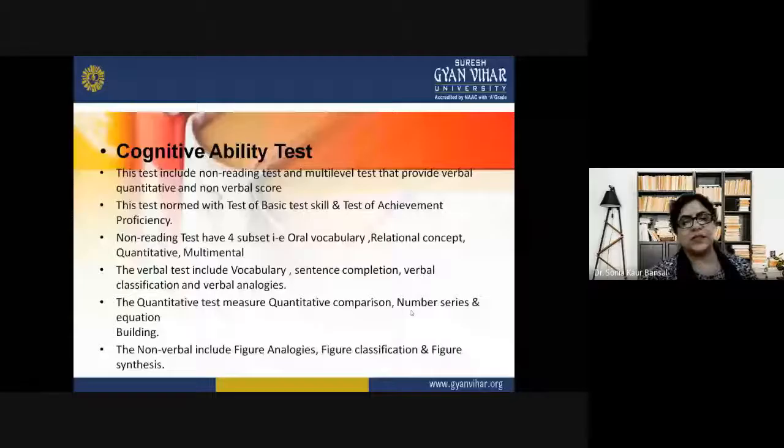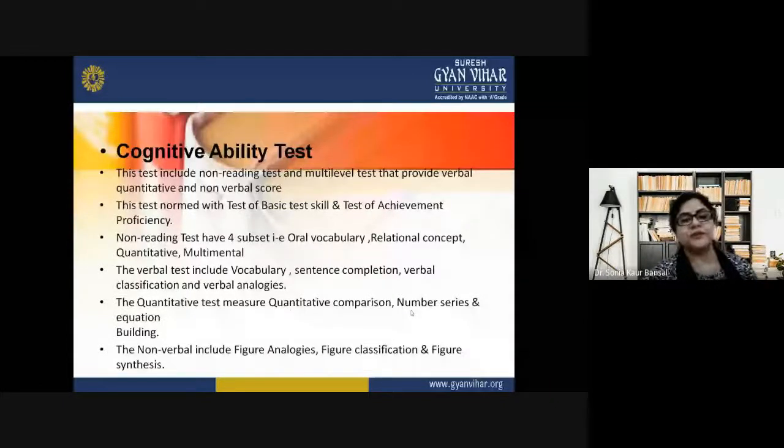First we are going to understand the cognitive abilities test. This test includes a non-reading test, level testing that provides verbal, quantitative, and non-verbal scores. And this test is normed with the test of basic skills and the test of achievement proficiency.